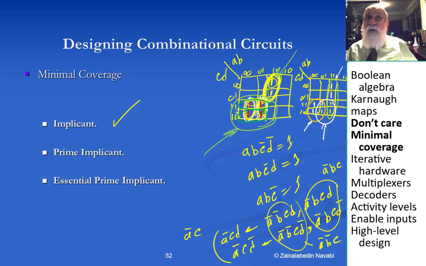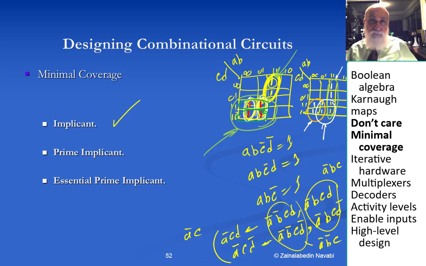And then you pick essential prime implicants as what you definitely need, that are essential for implementation of your function. Okay? Essential prime implicants. Then you look, are there other mean terms not covered by the essential prime implicants? If so, then you start covering them using prime implicants only.